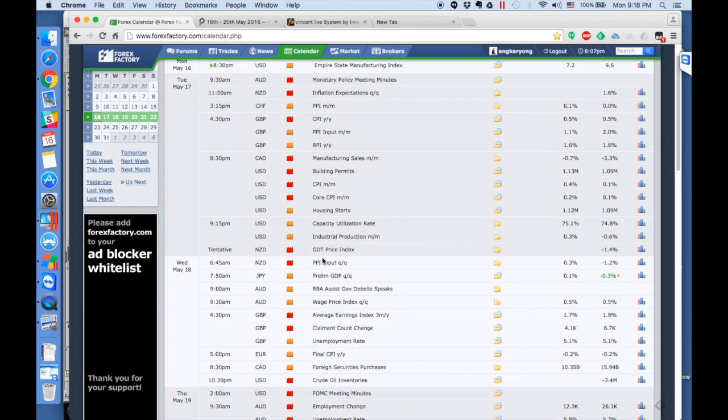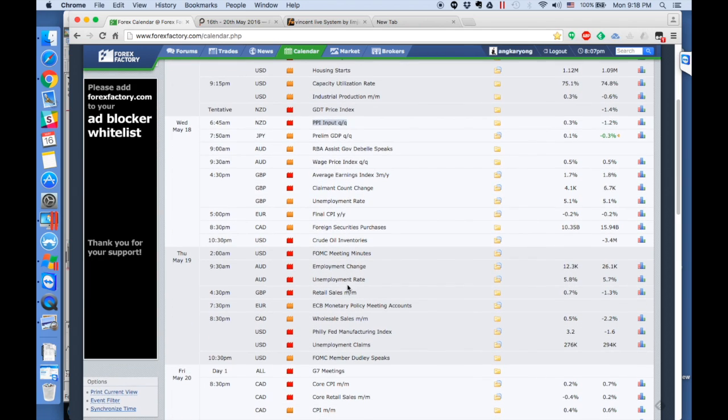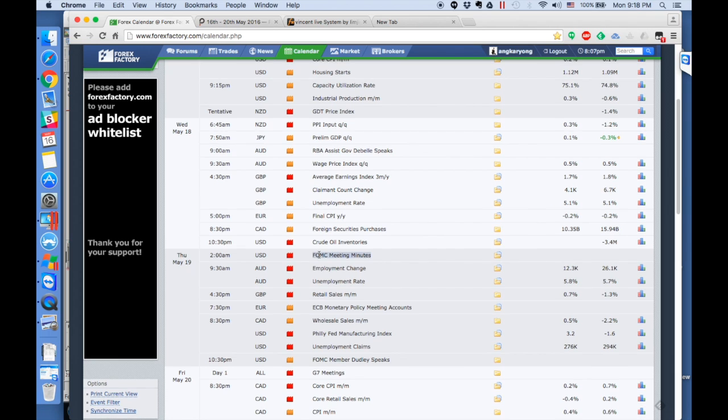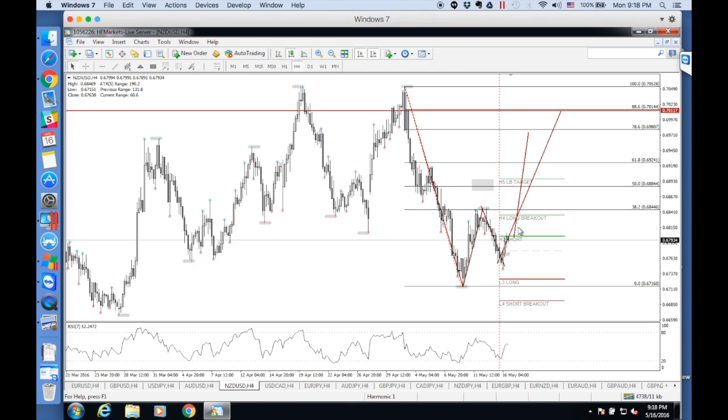For example, New Zealand has news coming in on Wednesday, and then on Thursday you also have USD news. From now to then, with this huge amount of difference, there might be developments and changes happening in the market already. So that's the part where you need to be in tune with what's happening at least once a day.